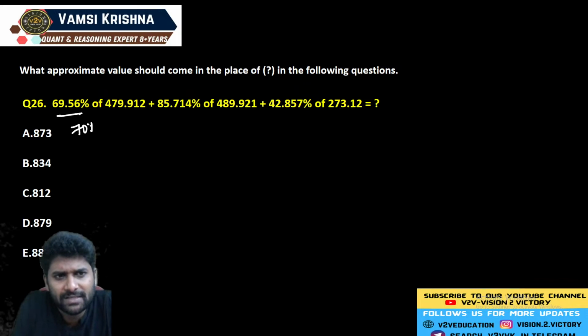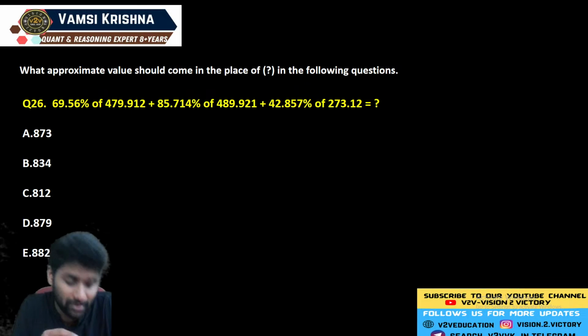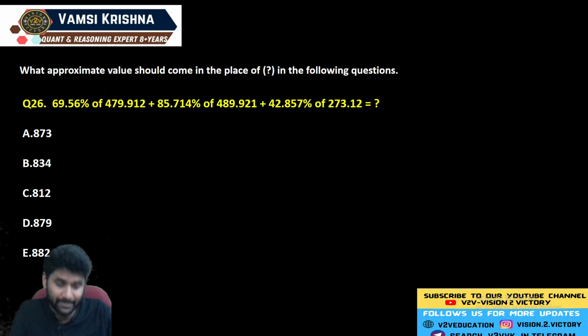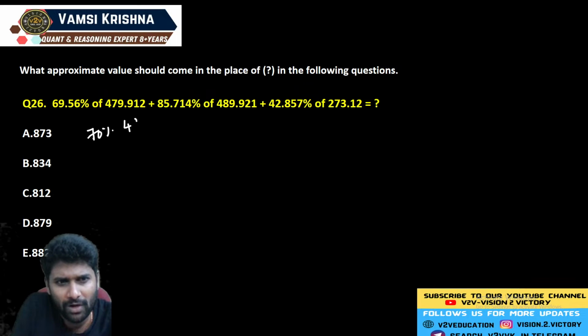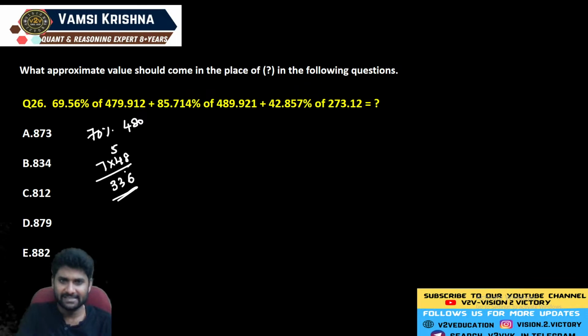It's 70 percentage of 480. Here 85 percentage of 490. Guys, let me tell you, if you are good at percentages, you can solve these questions in this way also. First, you know that 70 percentage of 480 means 7 multiplied by 48, which is 336.